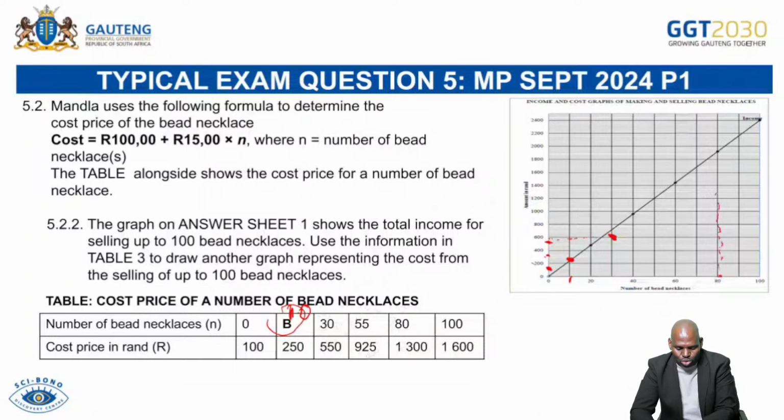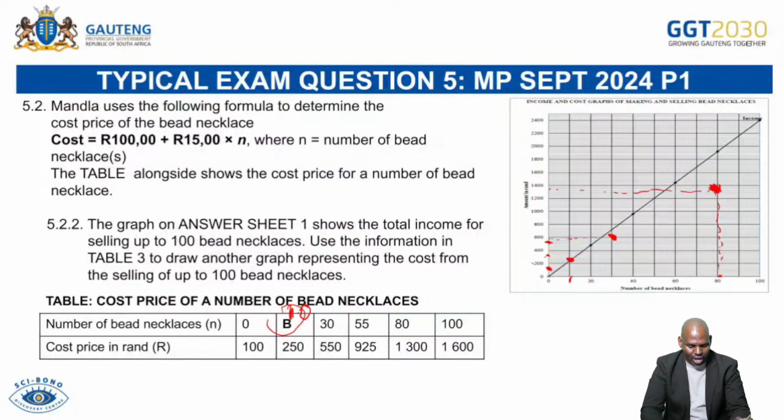I've got 1,200, I've got 1,400. Exactly between 1,200 and 1,400, that is where I'm going to find 1,300. So I can estimate the 1,380 to be there. The last point is 100 and 1,600.